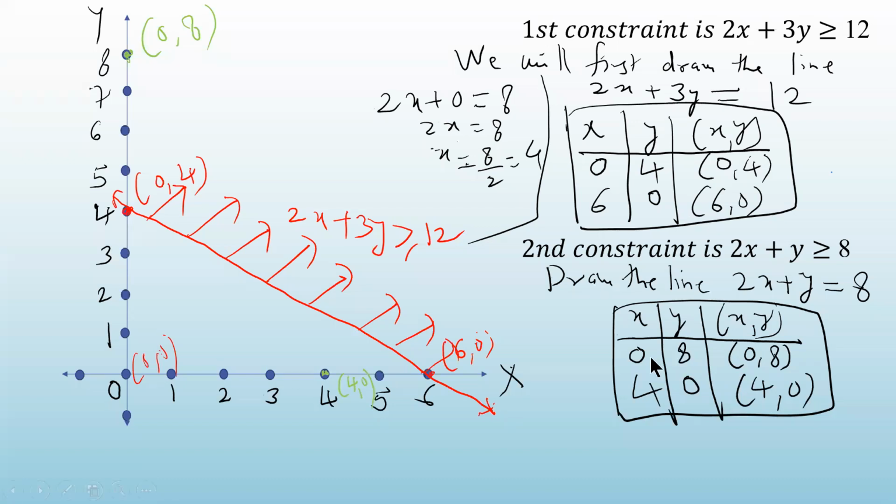You have the graph paper. I hope you people are doing along with me. So have you joined the points? Okay, so join these 2 points, and you will notice that this line will pass through this 4, 0.